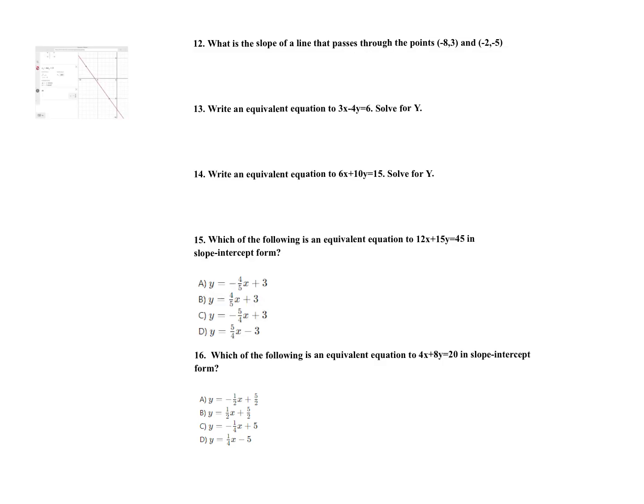So we know from the calculator that number 12's answer is -4/3. You could have done the x1, y1, x2, y2, and put it in your slope formula. You also can use your calculator.